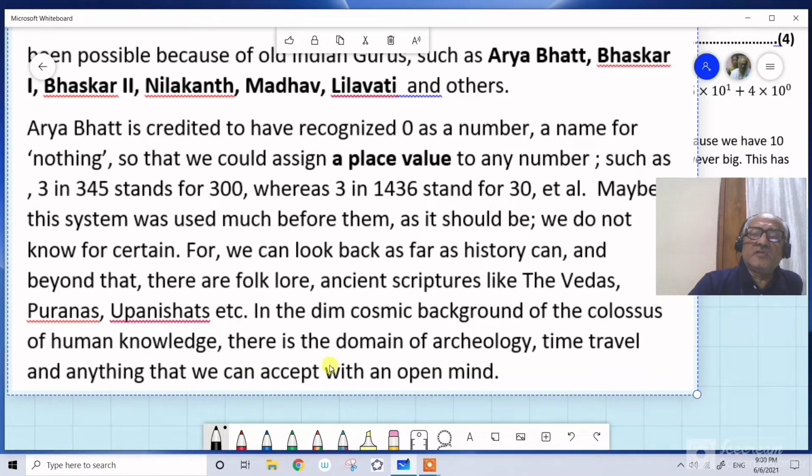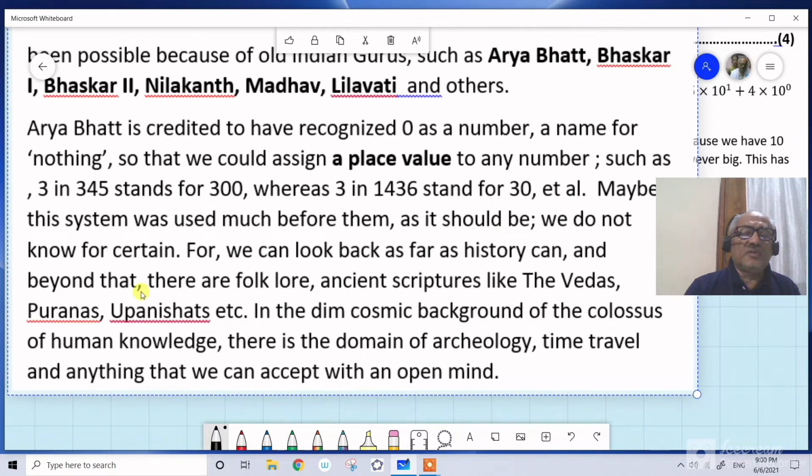Because of this 0 only, our place value system was revived, such as 3 in 345 stands for 300, whereas 3 in 1436 stands for 30 only. Maybe this system was used much before these Indian gurus, from prehistoric time, as it should be. We expect that without that nothing can be done.